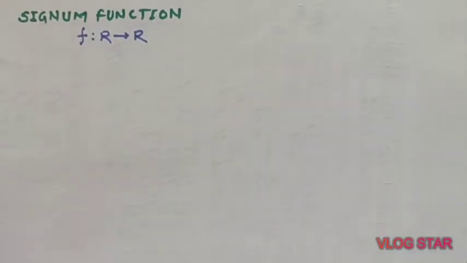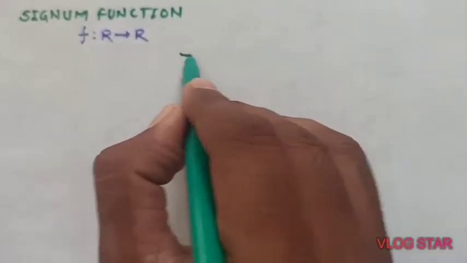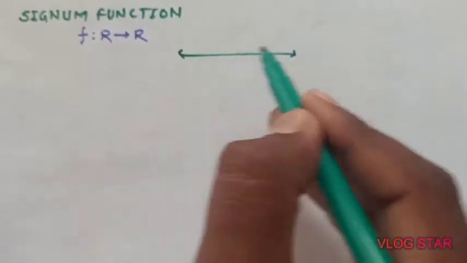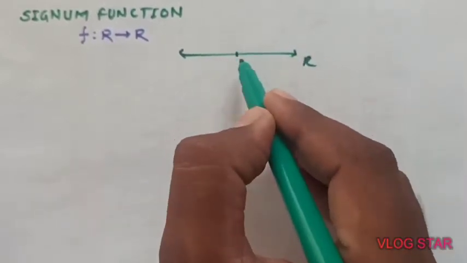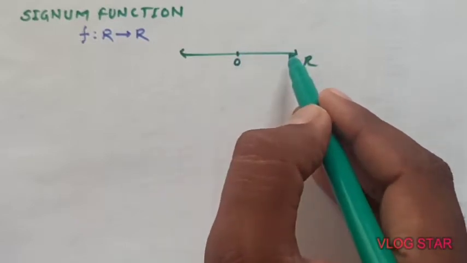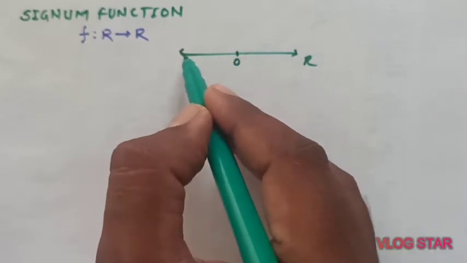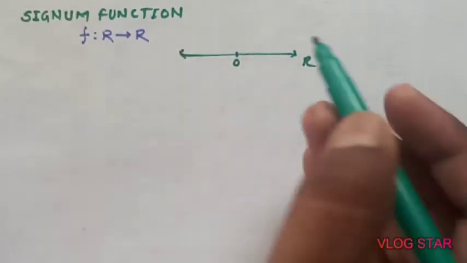As you know, domain R can be divided into different groups or intervals. Suppose this is the entire domain R. Here we have 0. All the numbers to the right of 0 are called positive real numbers. All the numbers to the left of 0 are called negative real numbers.